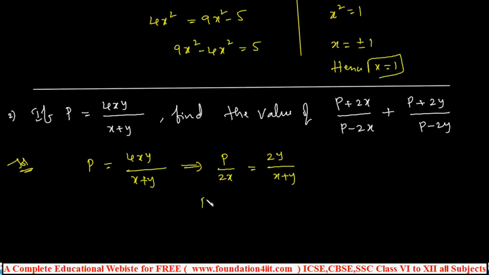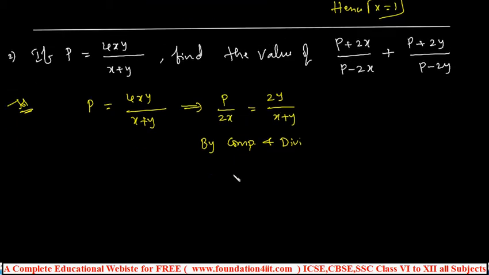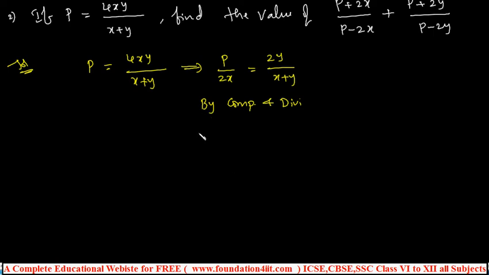Now for this, by componendo and dividendo rule, if you apply, okay, a by b is equal to c by d, we know a plus b by a minus b is equal to c plus d by c minus d. So if you apply, that is p plus 2x by p minus 2x. Here is this plus this, 2y plus x plus y, so 3y plus x, that I am writing.